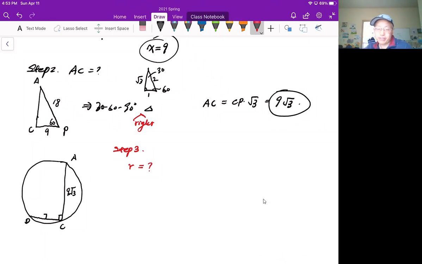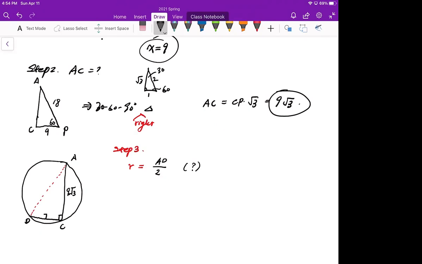Someone said that you connect the AD and then divide AD by 2. Okay, why can you do this? You connect the AD, and then you use the AD divided by 2. But I want to see why. So everyone think of that. Why can you do it this way?